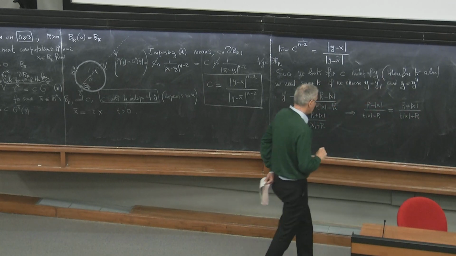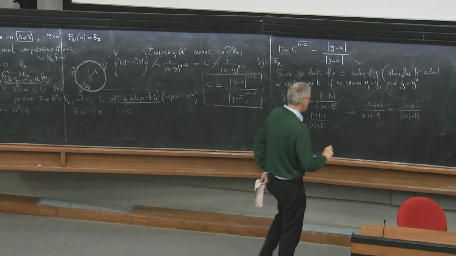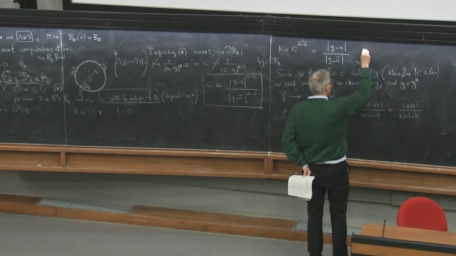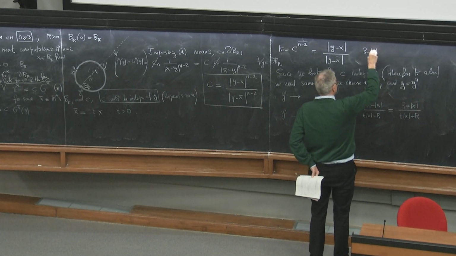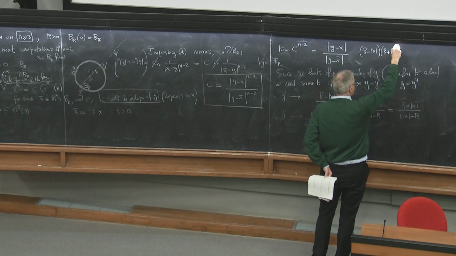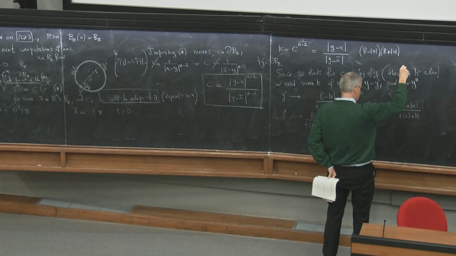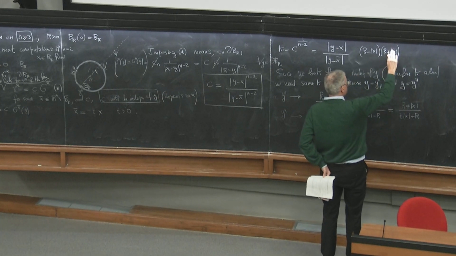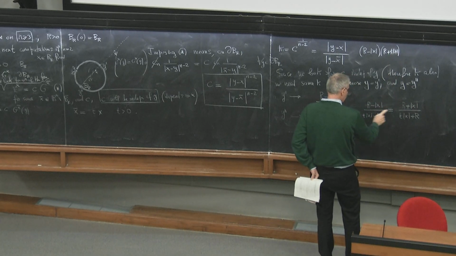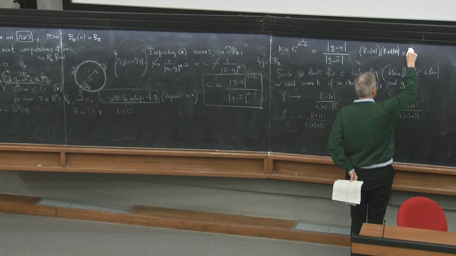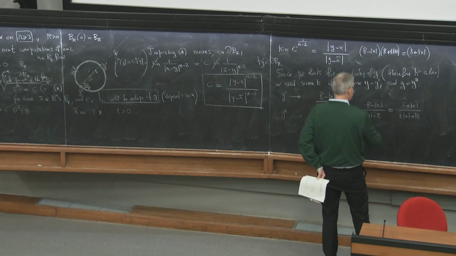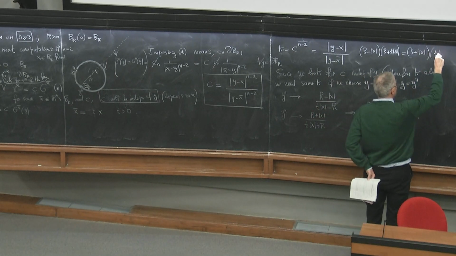So let's try to expand a little bit this equality. This multiplied by this must be equal to this multiplied by this. So r minus x multiplied by r plus tx, sorry, this must be equal to r plus x multiplied by tx minus r.